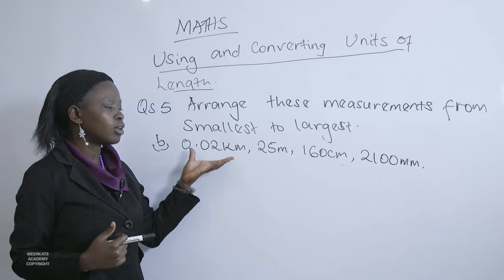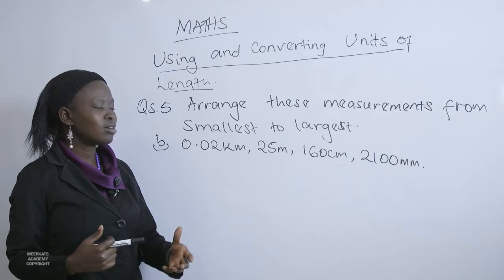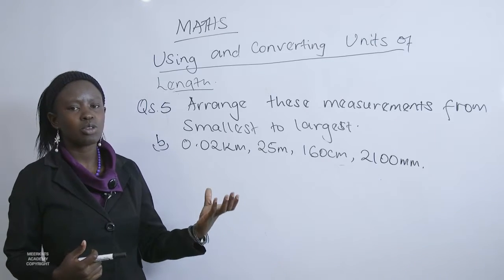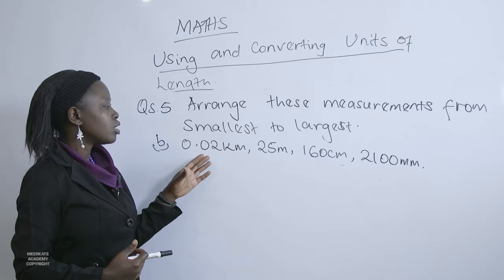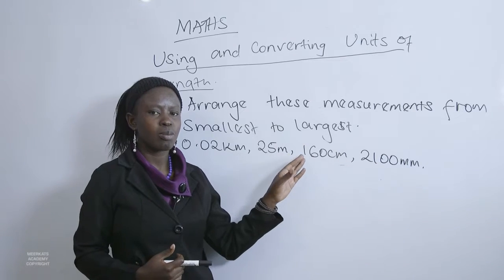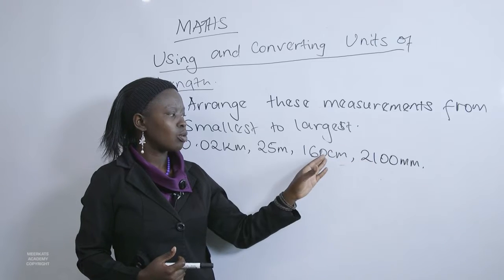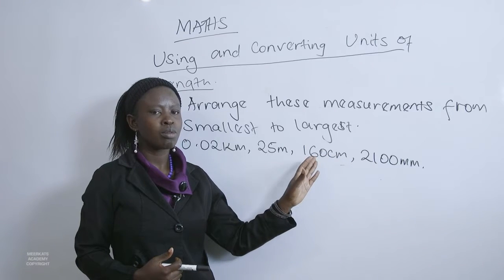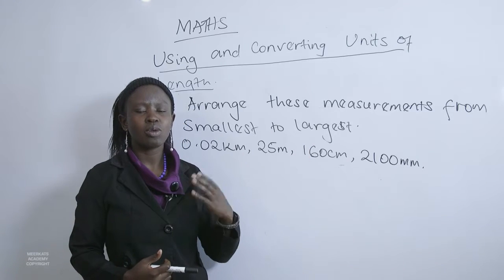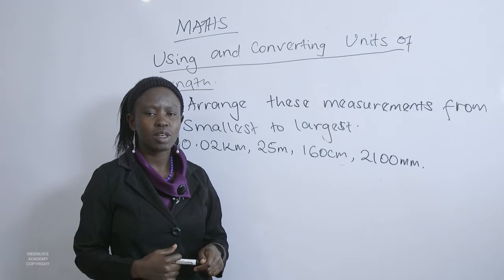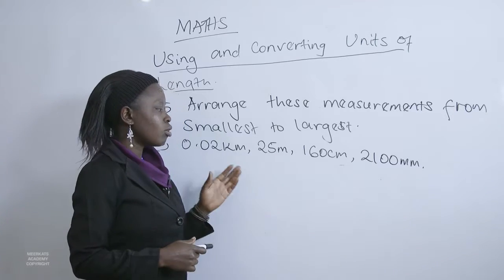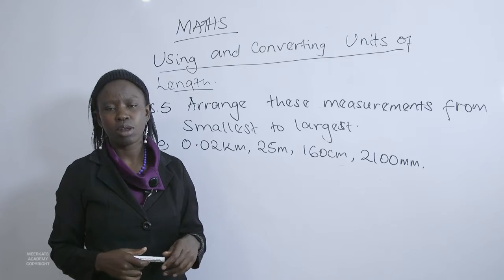You can convert to kilometers, to meters, to centimeters, or to millimeters. But we discover that if I decide to convert to kilometers, I'm going to have a lot of decimal places, and when some students are working with decimal places, it becomes difficult for them to compare. So to make our work a bit easier, let us convert to a unit that will give us whole numbers.